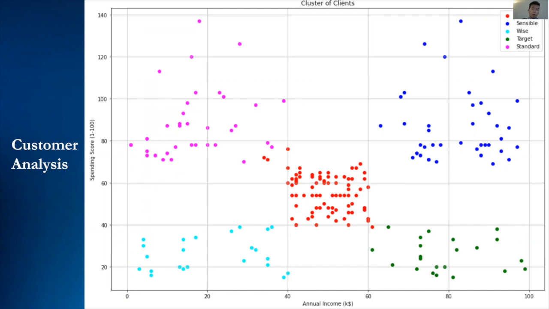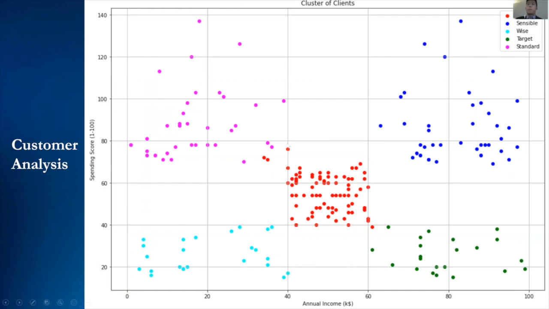And these people with the higher income are our prime target. From the pink or purple dots, we can see the people with low annual income and higher spending score, which means that people love to buy products even though they have lower annual income. These people might love our mall services.